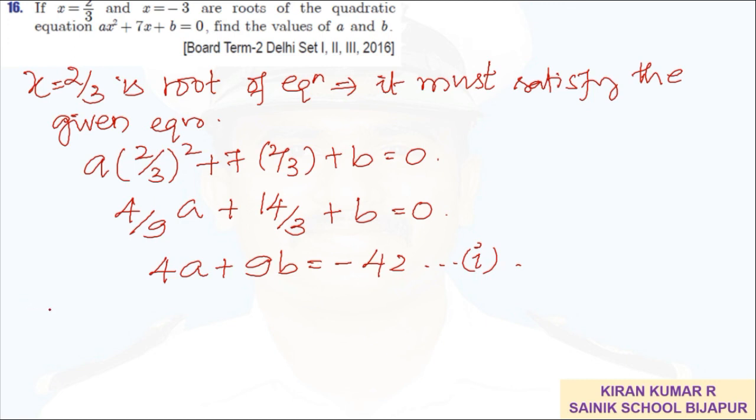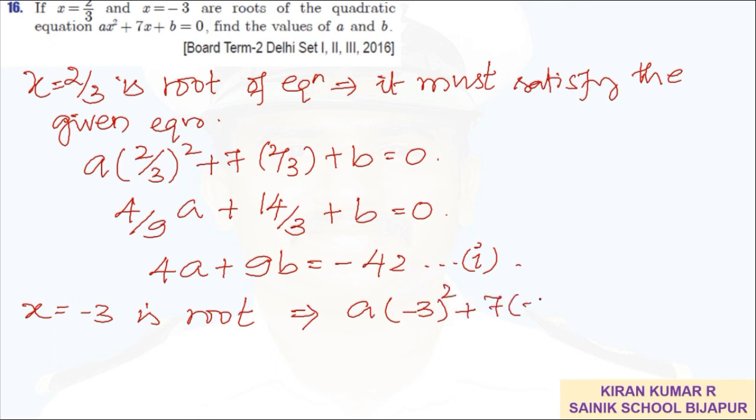Similar way, when x is equal to minus 3 is root, this implies a times minus 3 square plus 7 times of minus 3 plus b equal to 0. From this, I'll get another equation, 9a plus b equal to positive 21. This is my second equation.